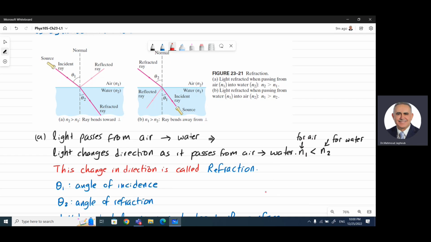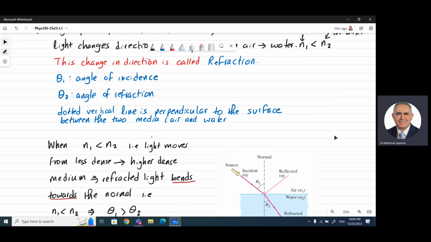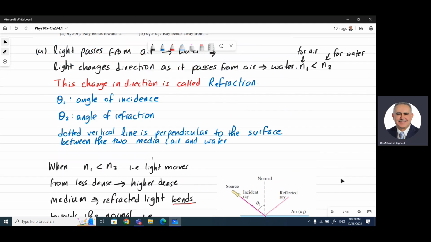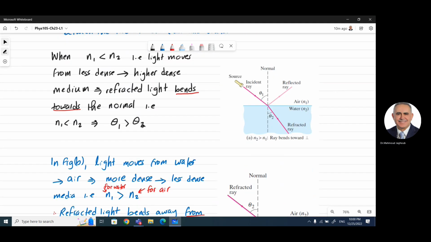And as I said, the incident ray, refracted ray, and the normal, they all fall in the same plane. Okay? And over here, I have just written down what I have just been saying.